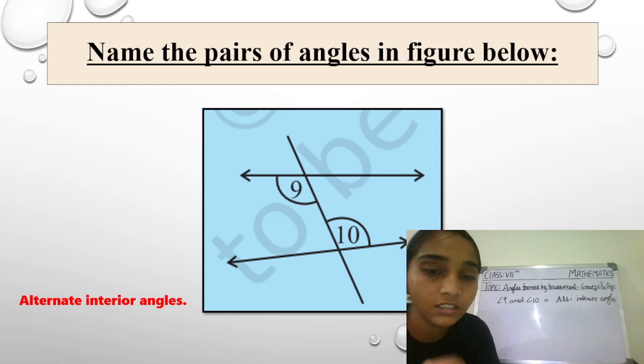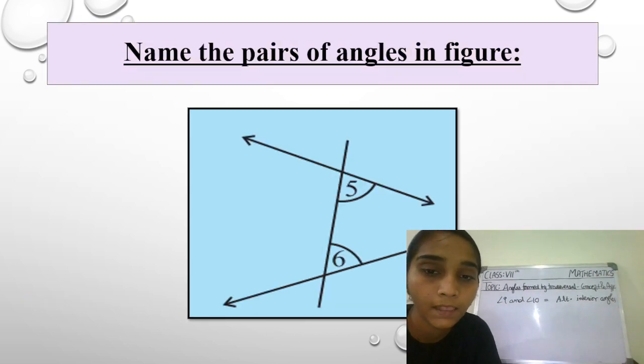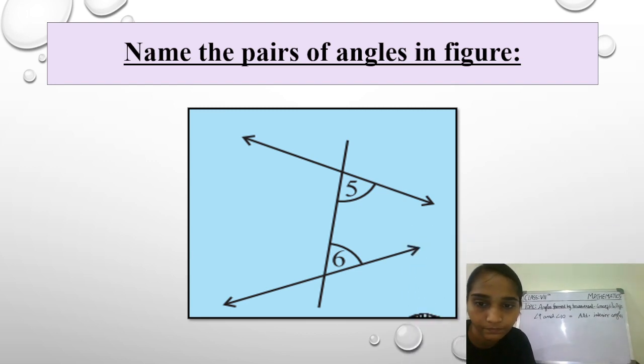Let's see some more. Now here, students, if you have to name this pair, angle 5 and angle 6.